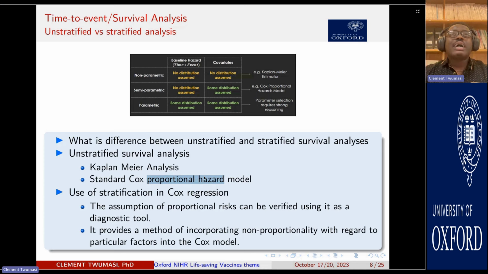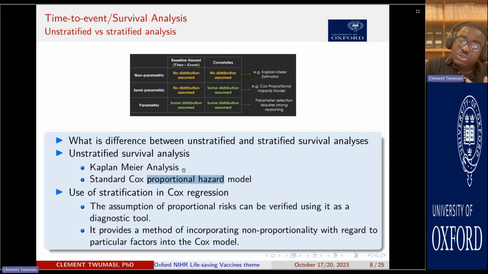So anytime you have predictors in a survival analysis, especially continuous predictors, that can change within the study or observational period, it's likely that the assumptions of the Cox proportional hazard model might not hold. And we are going to talk about, in such cases, what do we do?